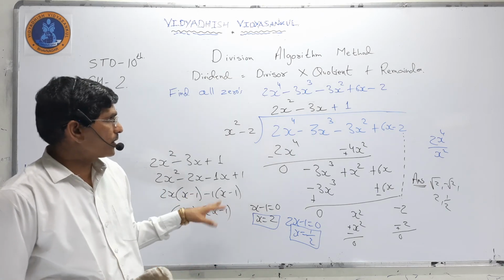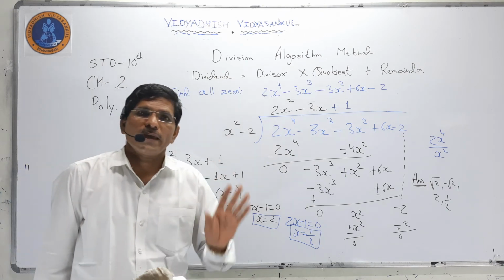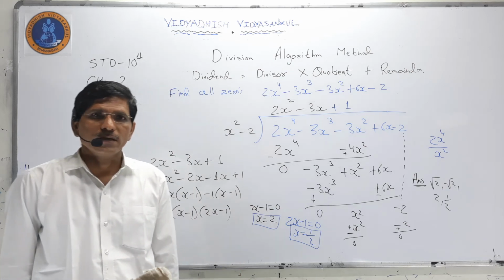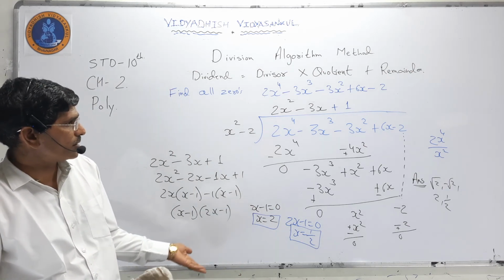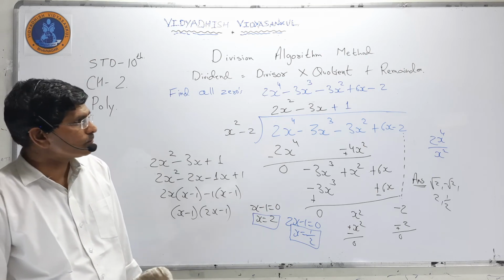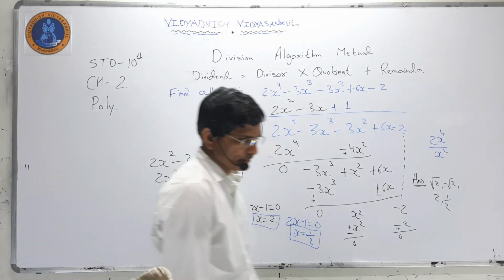So this is the important sum related to exercise 2.3. In exercise 2.3, one sum is also like that. So first go through it.